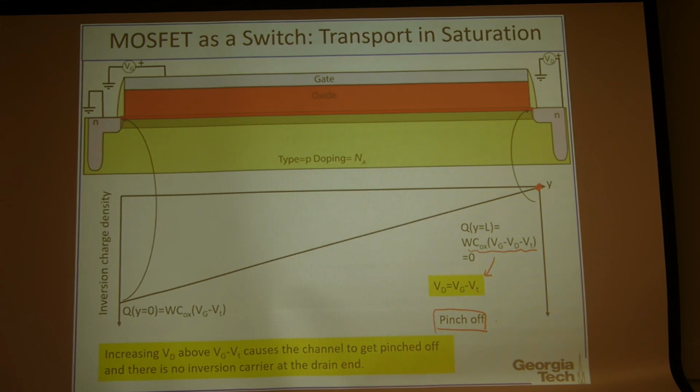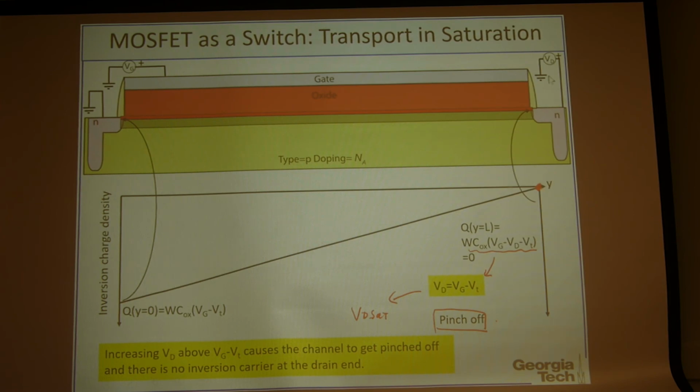So this is the condition for the pinch-off. And after this, the transistor will enter the saturation region where the current will no longer increase. So this condition will also give you the Vd sat, the saturation drain voltage.